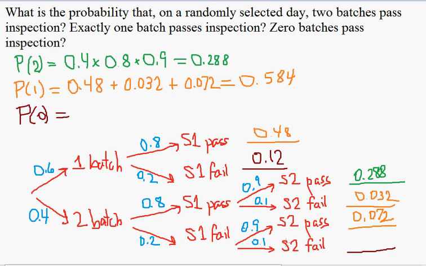Here, there are two attempts and they both fail. So 0.4 times 0.2 times 0.1 is 0.008. And so 0.12 plus 0.008 is 0.128. And I'll let you verify that if you add up these three probabilities, you indeed do get 1 as expected.